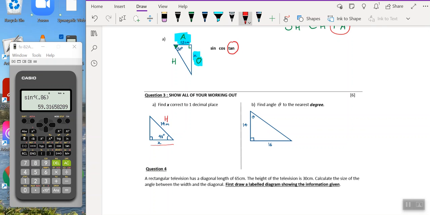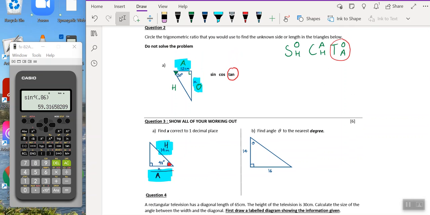It's the longest side in the triangle. From the angle that we are interested in or that we know about, this side here is the adjacent. It's right next to that angle. So in this question, we want to know the adjacent and we do know the hypotenuse. So when we look at our SOHCAHTOA, it's going to be a cos question because we've got A and H.